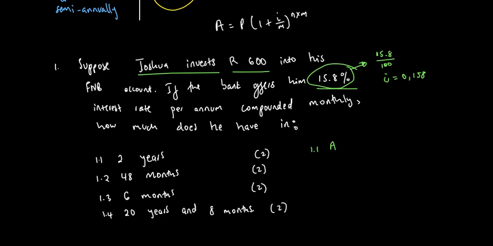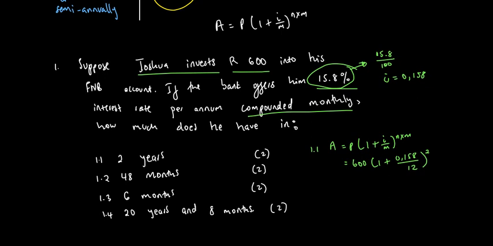So A is equal to P into 1 plus I over M to the power of N times M. The principal amount is 600, and then we have 1 plus the interest, 0.158, divided by 12 because it's compounded monthly, remember. The number of years is 2.